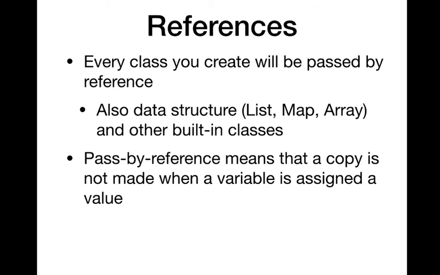We only have access to references to our variables. This includes the built-in data structures, those types that we've seen: list, map, array. These are all classes. We're going to create objects of those types. And when we move them around, when we either reassign or call a method, they're always passed by reference.